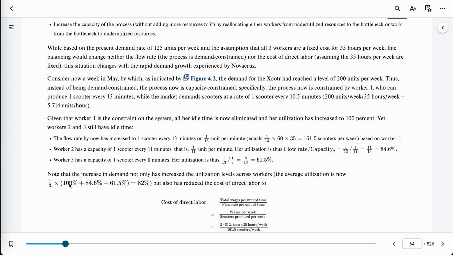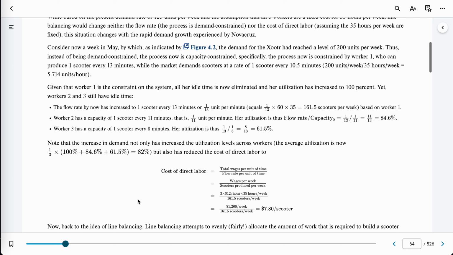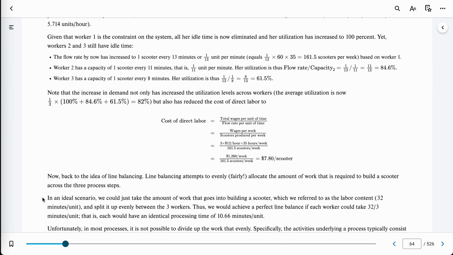So this will be 1 over 13 divided by 1 over 13, then 1 over 13 divided by 1 over 11, and then 1 over 13 divided by 1 over 8. That gives you an average utilization of 82.5%, and the cost of direct labor has now gone down to $7.8 per scooter. It is still more than the 6.4 that you got from just the direct labor cost.